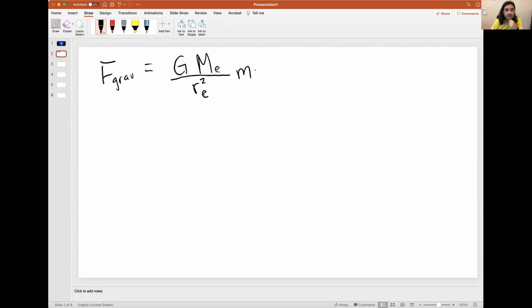When you're near the surface of the Earth, once you put in those constants, the mass of the Earth doesn't change, the gravitational constant G doesn't change, and the radius from the Earth at the surface doesn't change by much. If you do that, you get that famous 9.8 meters per second squared.